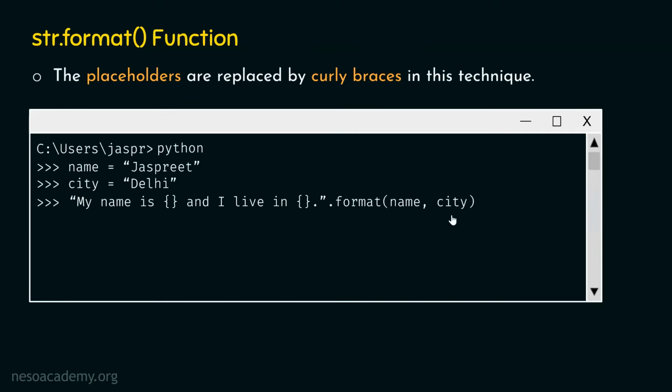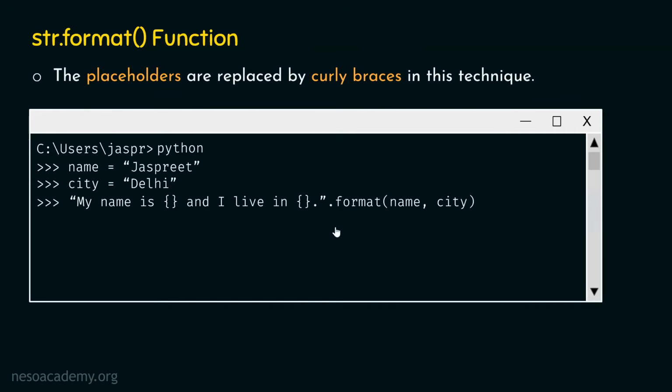So in place of percentage, we now have this function format, and to this format function, we need to provide two variables because we want to include the contents of these two variables inside our string. That is why we need to provide two variables here, name and city.